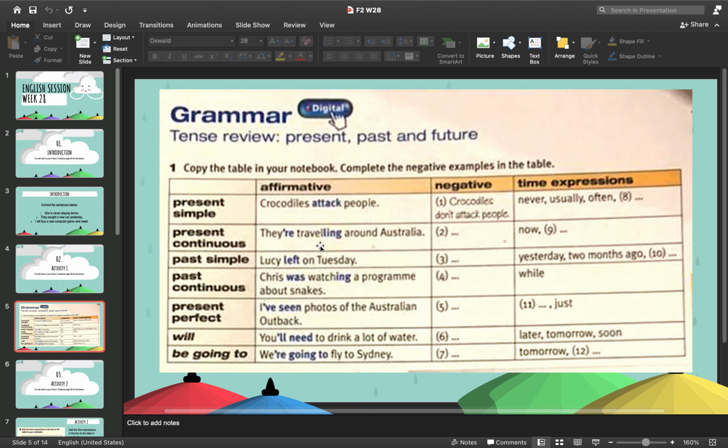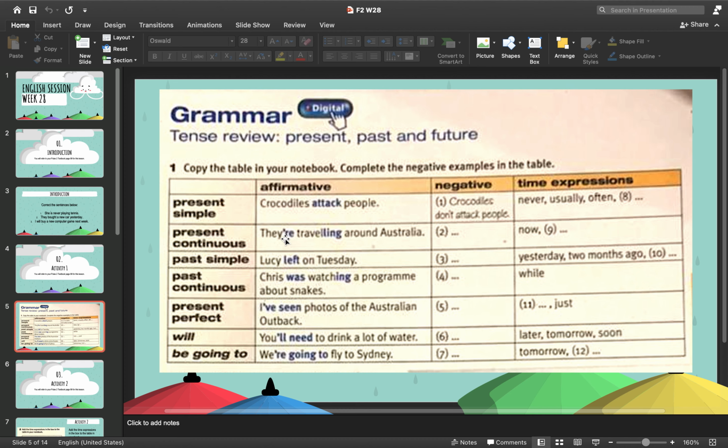Present continuous ialah dalam verb dia digunakan untuk actions or events that are happening or developing now. Dia untuk actions, perbuatan ataupun apa-apa yang kita buat tu yang berlaku sekarang. So, dia kena ada auxiliary verb dia. Kalau noun itu singular, dia tak boleh pakai are kan?